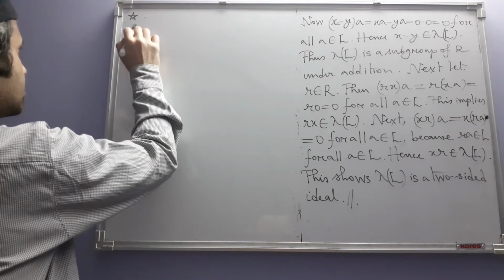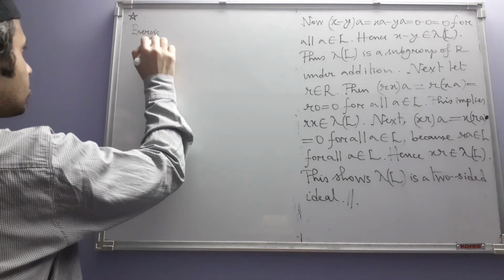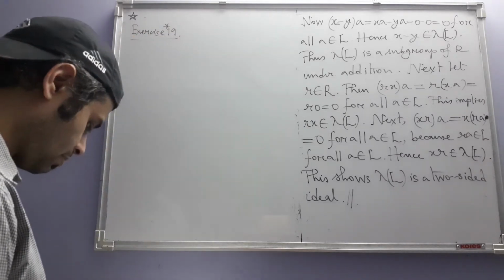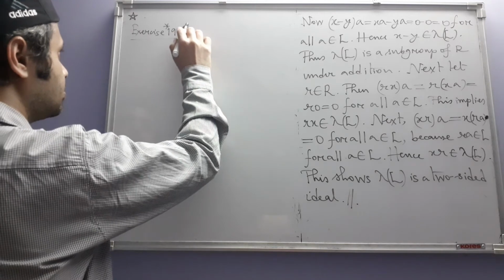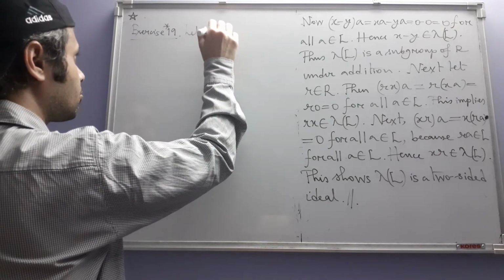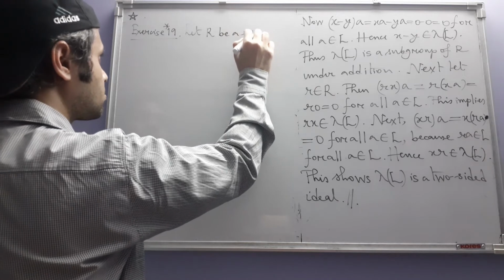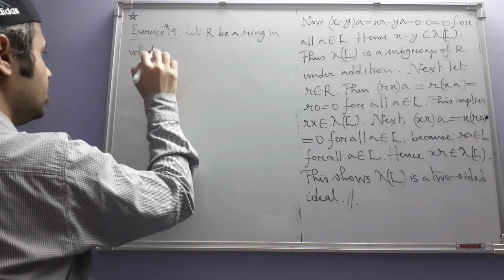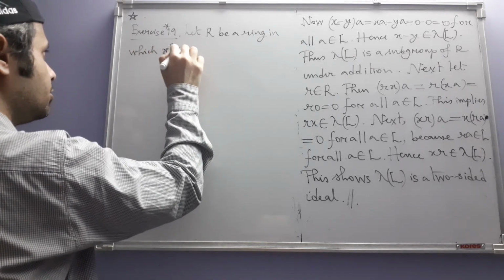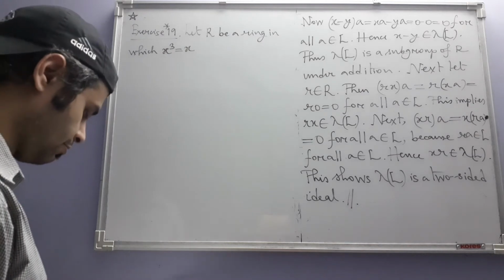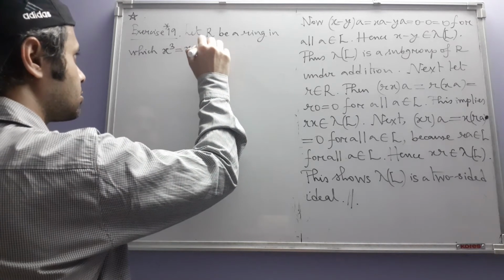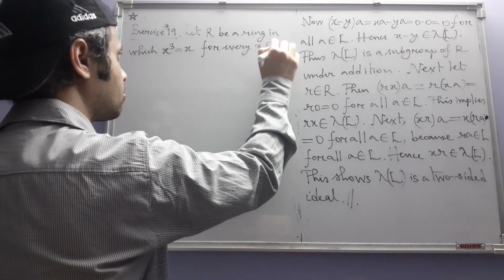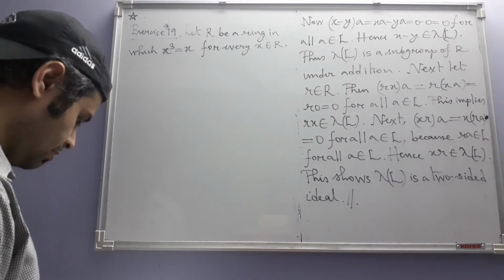This is exercise 19, and there is an asterisk. Let R be a ring in which the cube of an element is the element itself, for every x belonging to R. This condition is given.